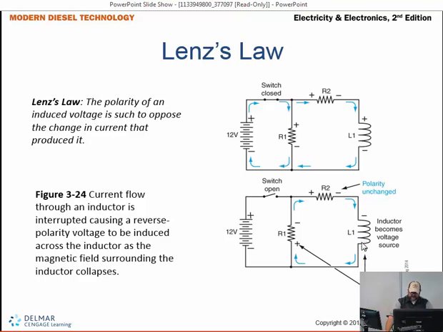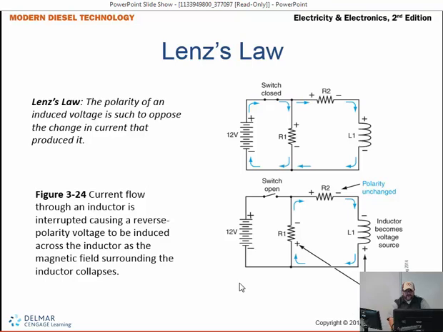Now, it's still positive, and positive is seeking negative, so it's going to try to find a path back to negative, that potential difference. So it's going to come back up here, and it's going to go through our resistor 1, our resistor 2, and whatever's left in our voltage is going to come back to this negative again.